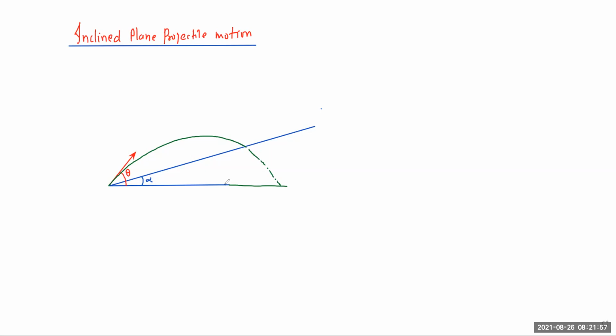You have just disturbed the path of the projectile, like you have brought something in between, and so the journey will end here only. Our projectile motion will terminate the moment it is about to hit the plane.